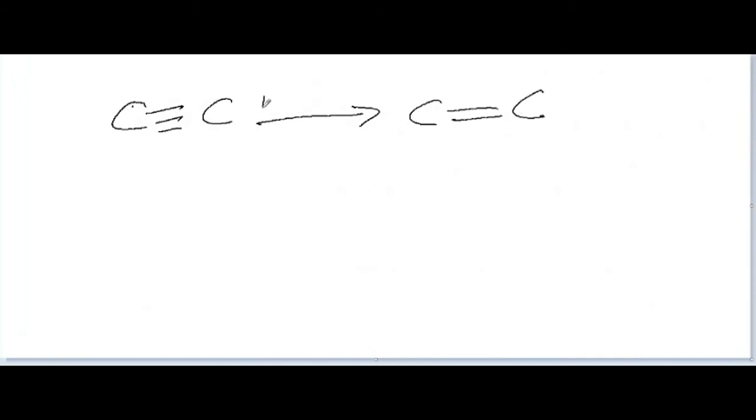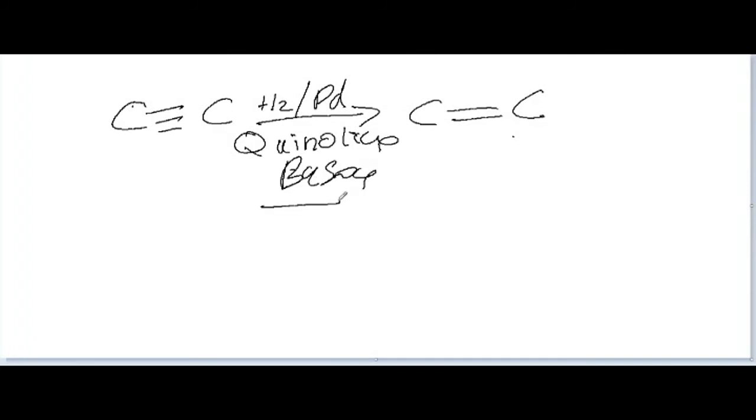When considering catalytic poison, do you remember this reaction, converting a C triple bond into a C double bond? If you use hydrogen with platinum, palladium or nickel, the reaction will end up with an alkane. So for this process you have to use quinoline with barium sulfate, and here quinoline is the catalytic poison.